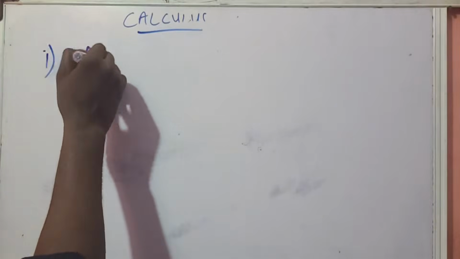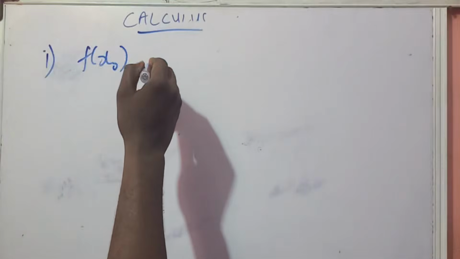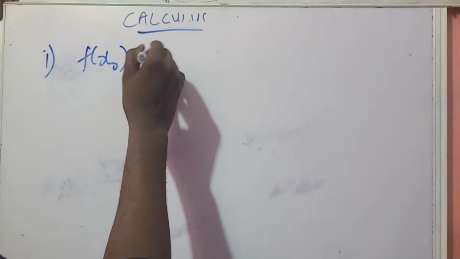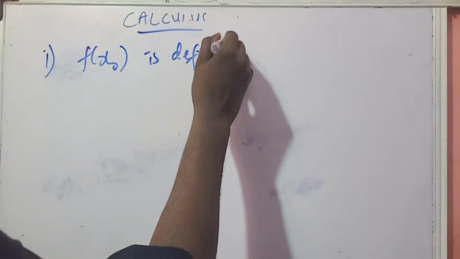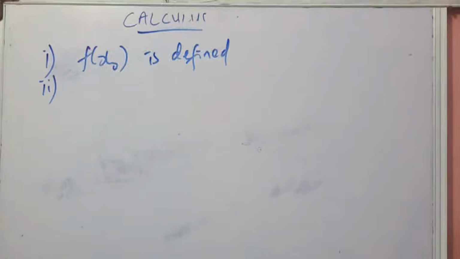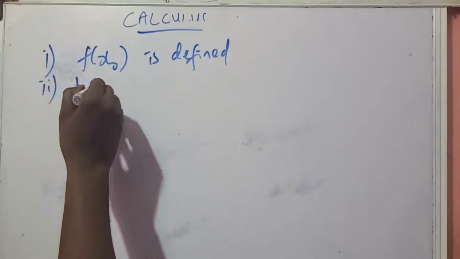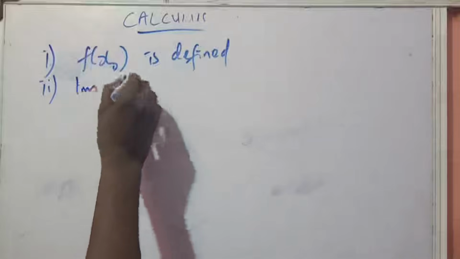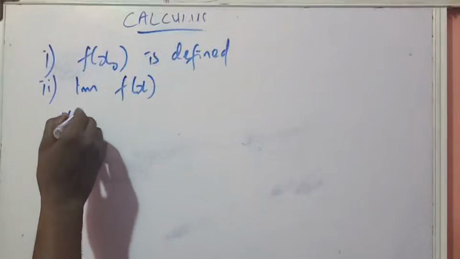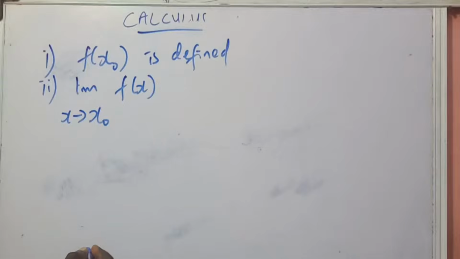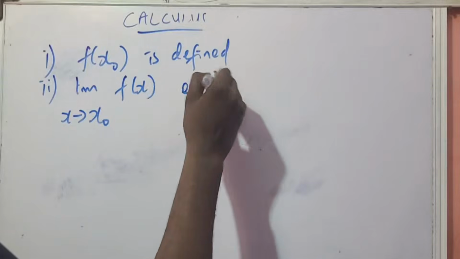Number one is that your f of x naught, whatever x naught was, must be defined. Now, if any of these three things is not fulfilled, you can obviously state that your function is not continuous. The second one is that the limit of f of x when x was tending to x naught must exist.